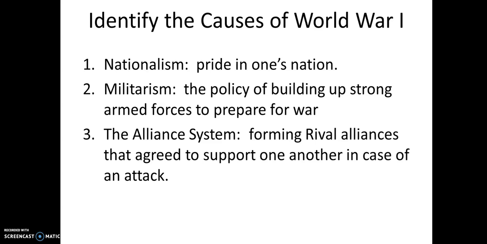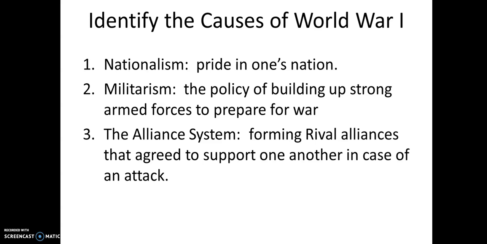June 28th, 1914. I know this is an objective statement around it, but just as a reminder, Archduke Franz Ferdinand, heir to the throne of Austria-Hungary, that's part of the Triple Alliance, was visiting Sarajevo, the capital of Bosnia. Bosnia was ruled by Austria-Hungary.